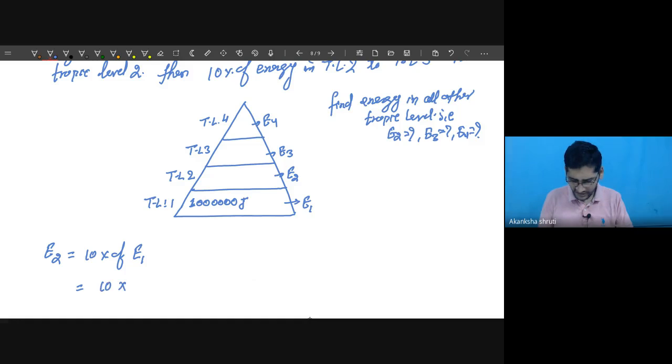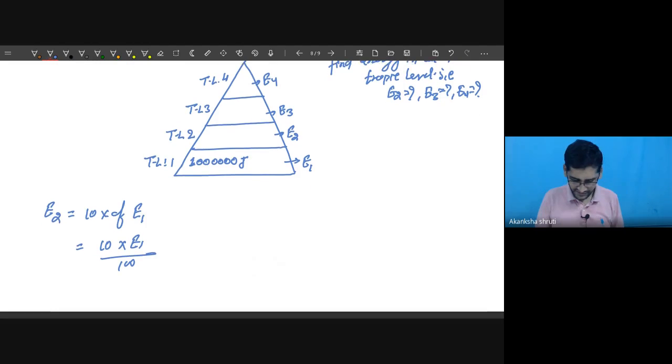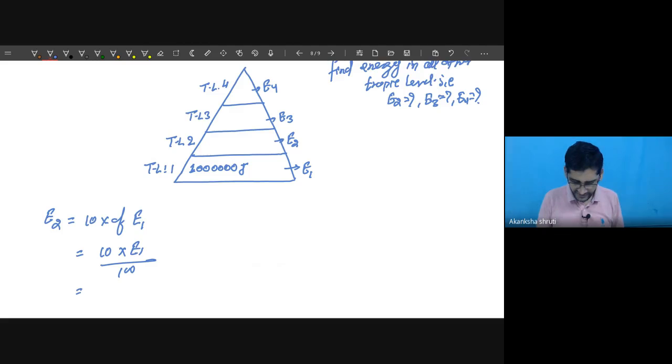So 10 into E1 divided by 100. This is nothing but E1 by 10. Substitute it: 1,000,000 divided by 10.